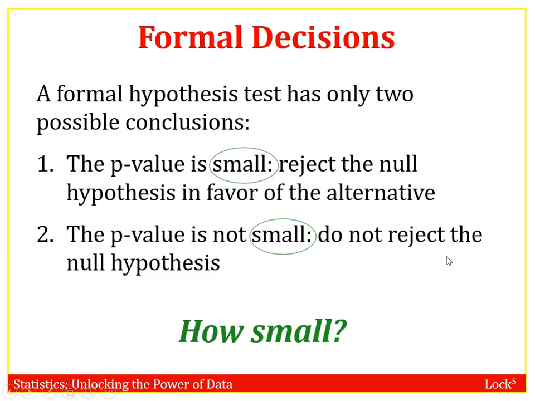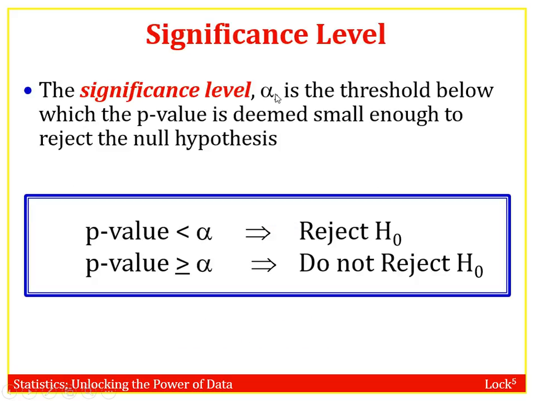But how small? Well, that's alpha. Our significance level, alpha, is really what you decide on ahead of time. And if that p-value is less than alpha, you would reject. If the p-value is not less than alpha, meaning it's equal to it or greater than, you don't reject.